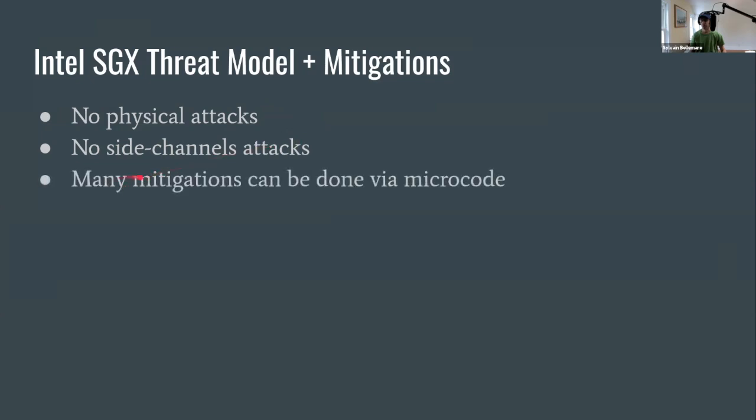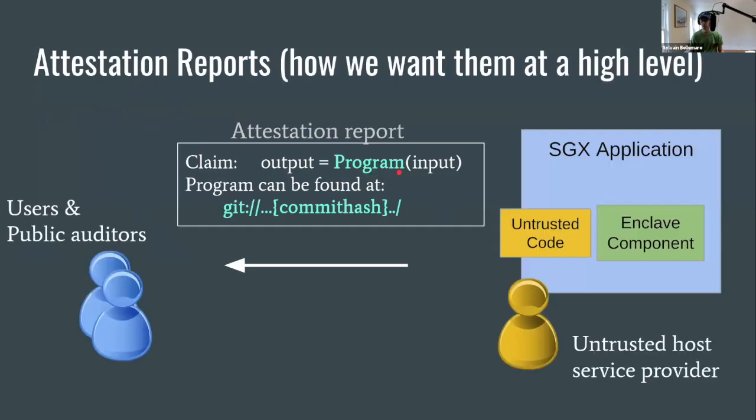That being said, many mitigations can be done via microcode. Intel patches regularly against major vulnerabilities. So you don't have to throw your computer in the trash if some major vulnerability comes out, because most of them are fixed via microcode, like firmware updates.